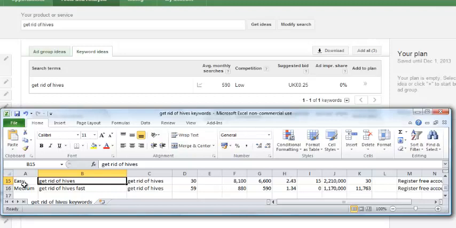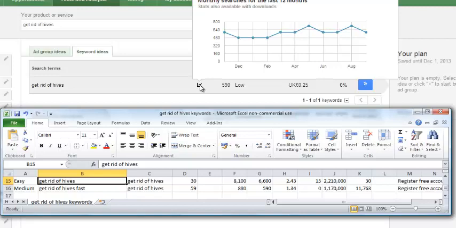As you can see, "get rid of hives", which was easy, had a global monthly search of 8,100. Now it's showing 590 in the Keyword Planner. This is the same keyword, and the monthly search has not dropped at all.